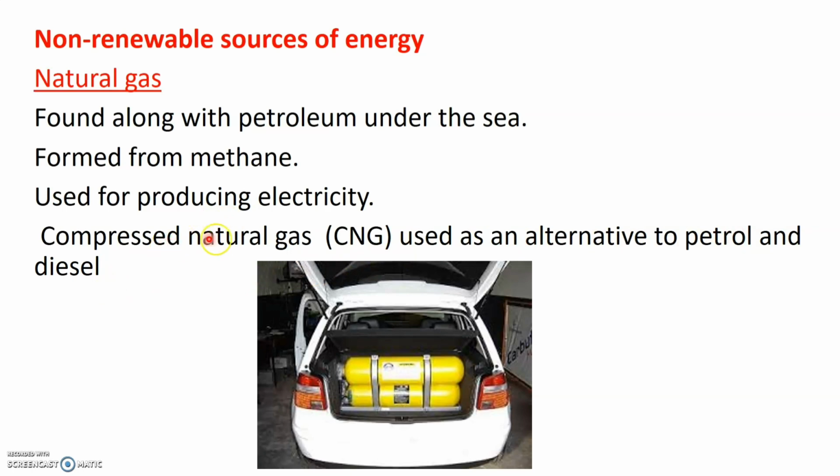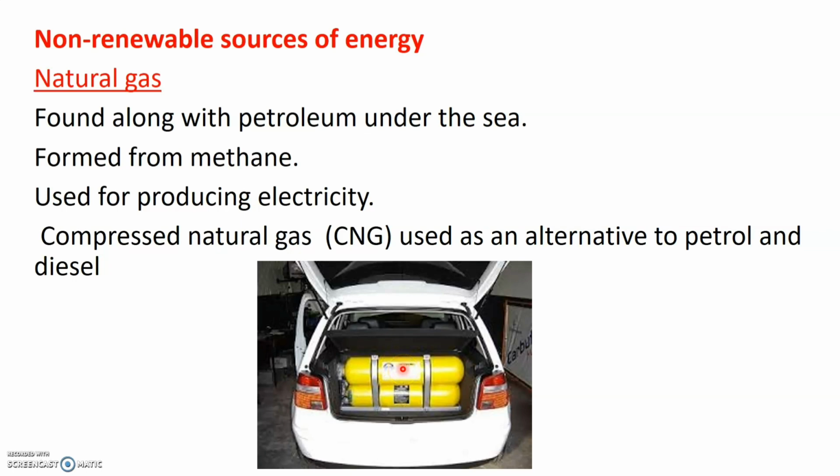So compressed natural gas, otherwise CNG, is also known as a cleaner fuel since it reduces the amount of pollution, and therefore it can be used as an alternative for petrol and diesel in vehicles. As you can see here in the picture, here we have a car that runs with compressed natural gas.